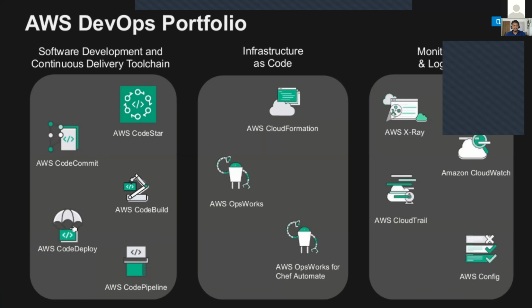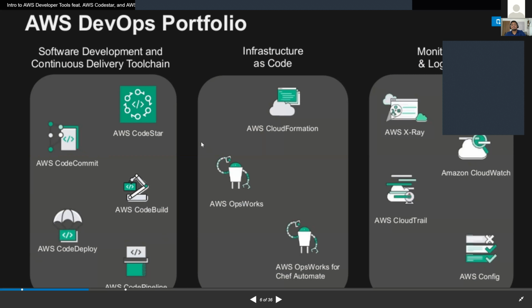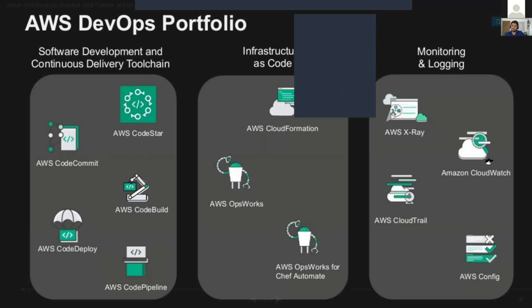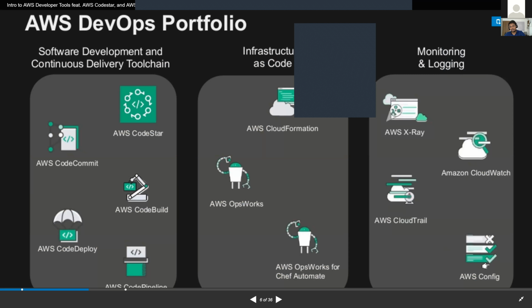And you have CodePipeline, that is your batch-wise release of your software or application. For infrastructure as code, you have AWS CloudFormation, AWS OpsWorks, and OpsWorks for Chef Automate. And for monitoring and logging, you have AWS X-Ray, Amazon CloudWatch, CloudTrail, AWS Config, and so on.